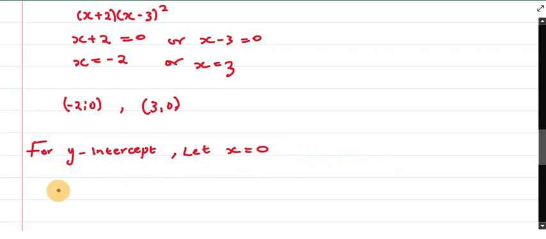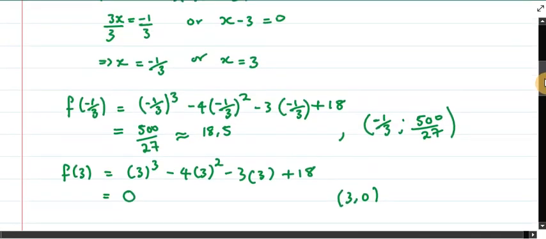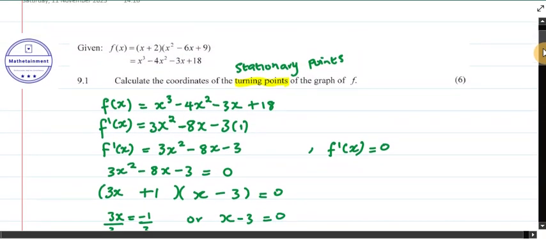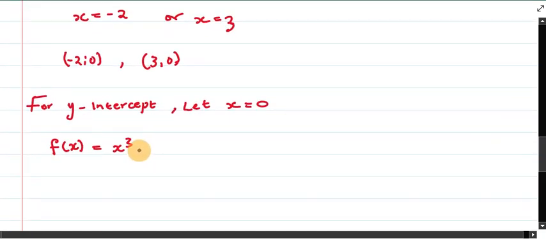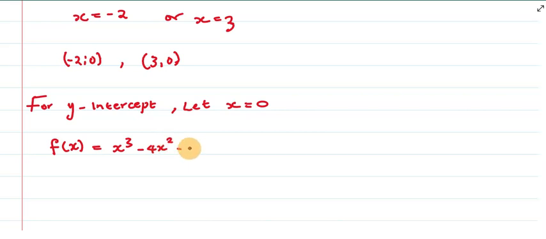The function f at x is given as x cubed minus 4x squared minus 3x plus 18. Let's just go back to the function. Since it's the y-intercept, it's where x is equal to 0.